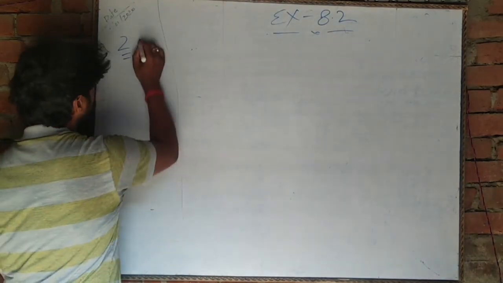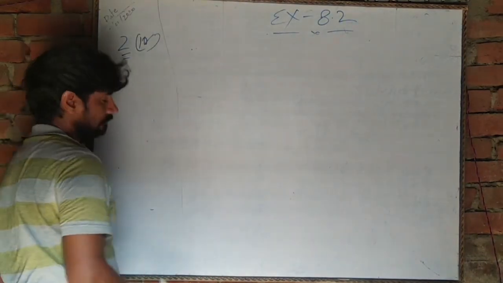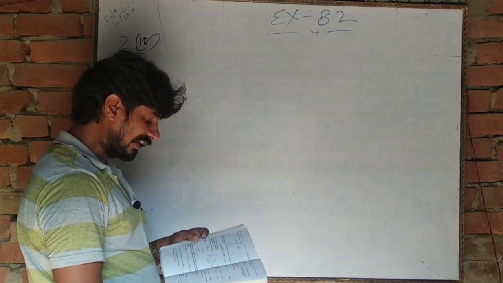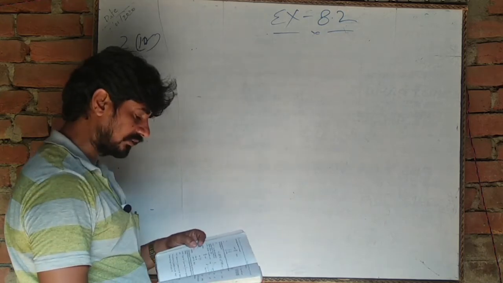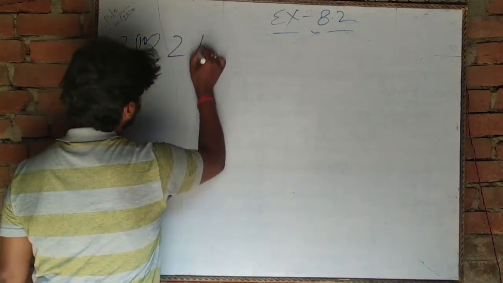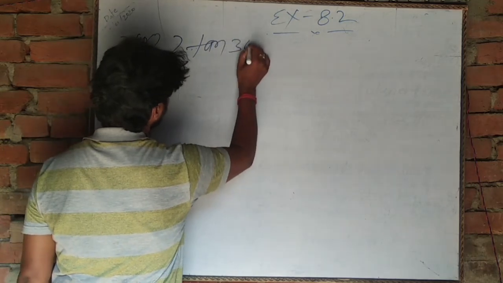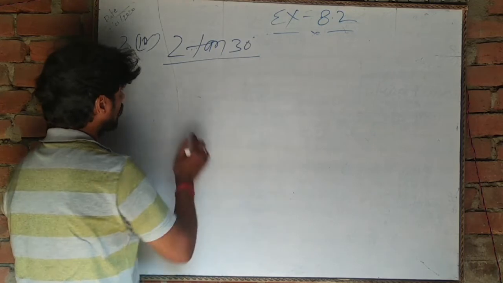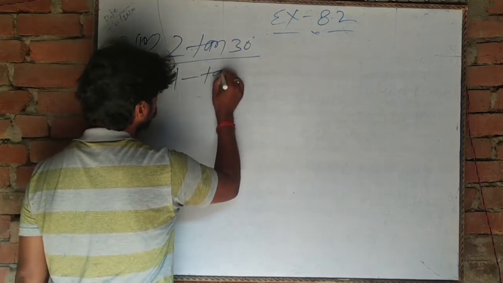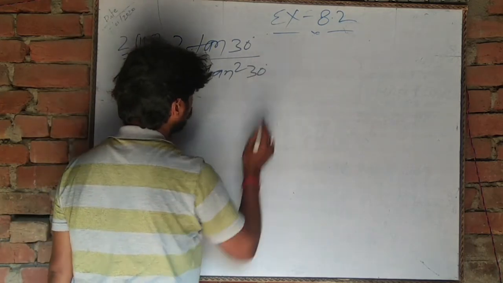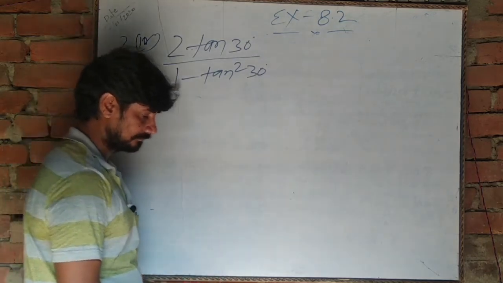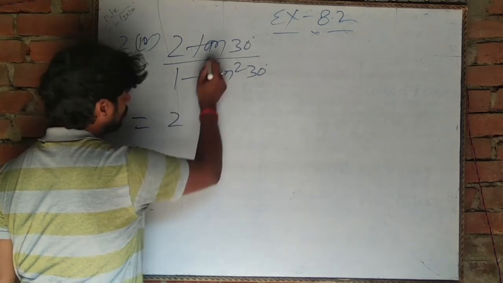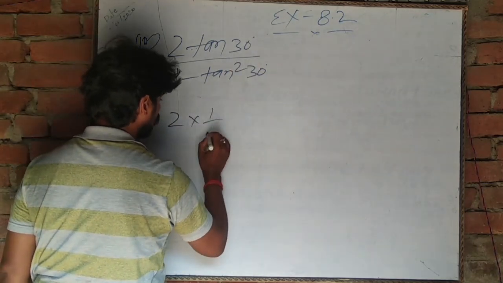Again, question 4. 2 tan 30 degree by 1 minus tan square 30 degree. We have an idea, the value of tan 30 is 1 by root 3.